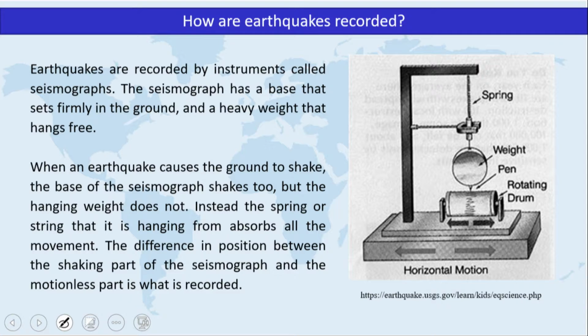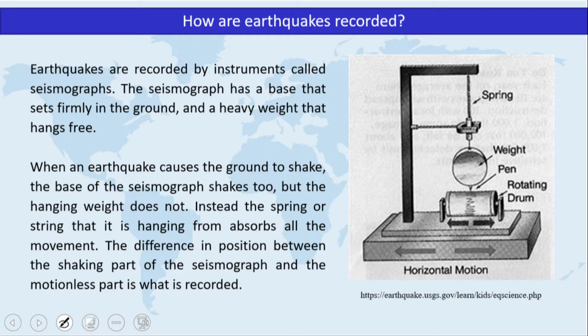So, how do we measure or record earthquakes? As I mentioned, the earthquake generates these waves and the shaking of the ground. The ground shakes because of the P waves, the S waves, and the Love waves and the Rayleigh waves. If you keep a rotating drum and a pen on a heavy weight, you can record this motion.